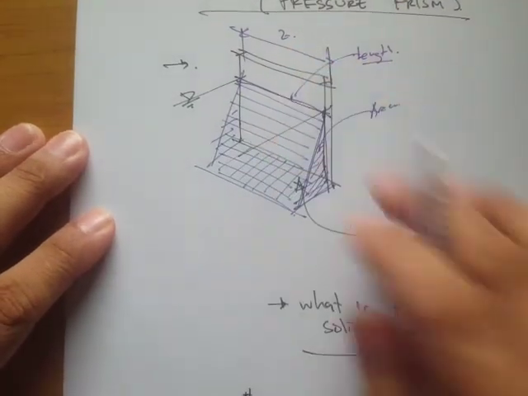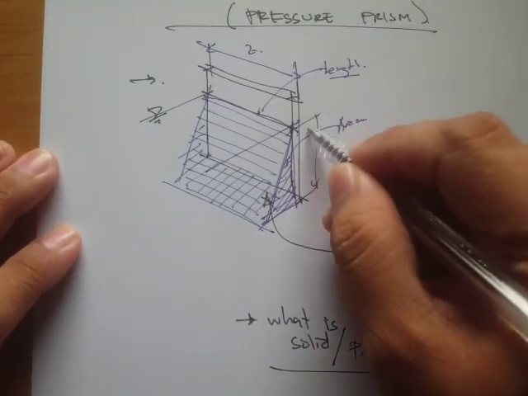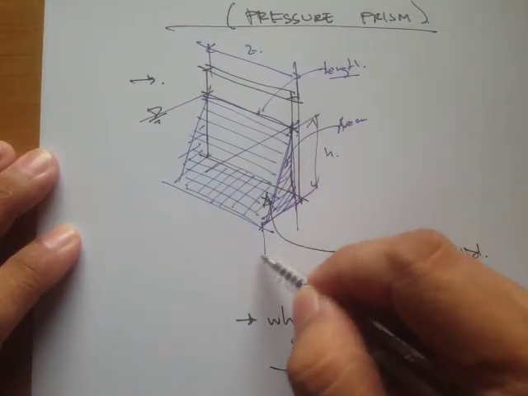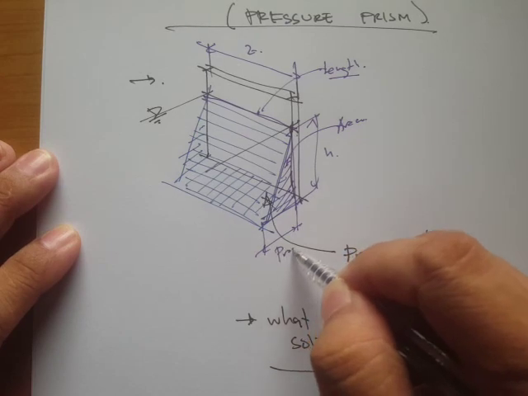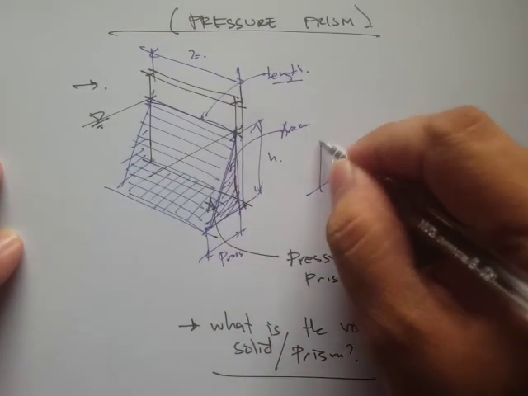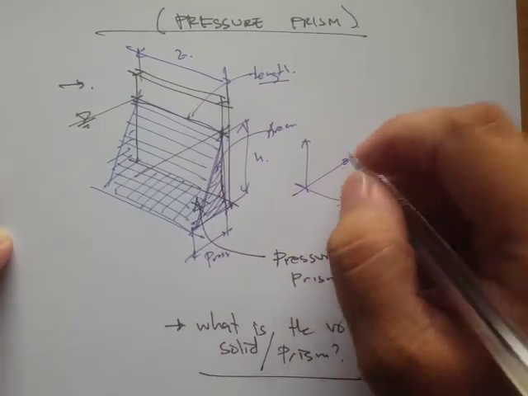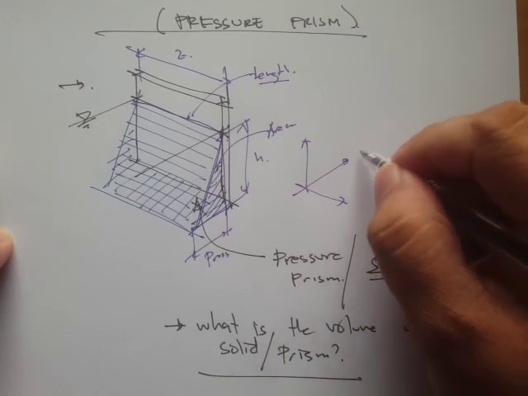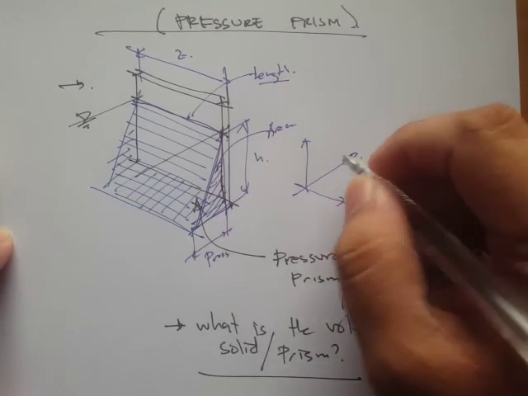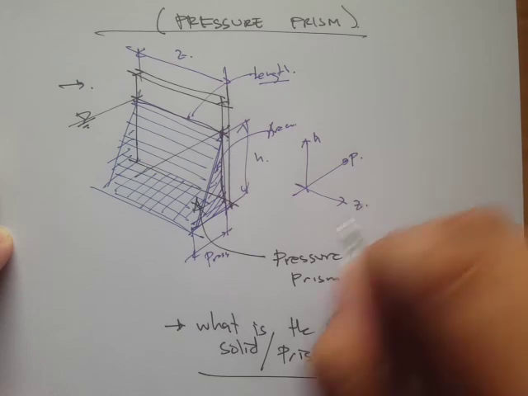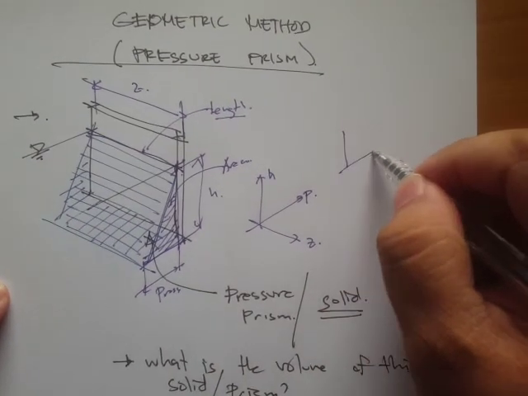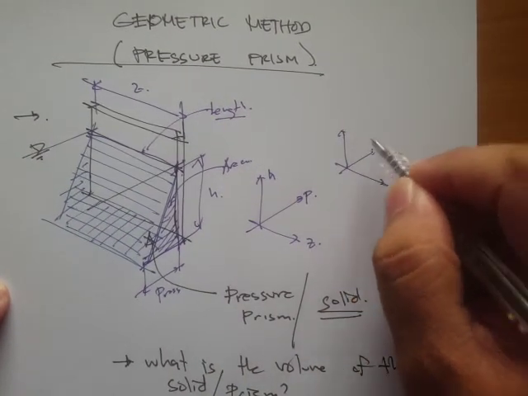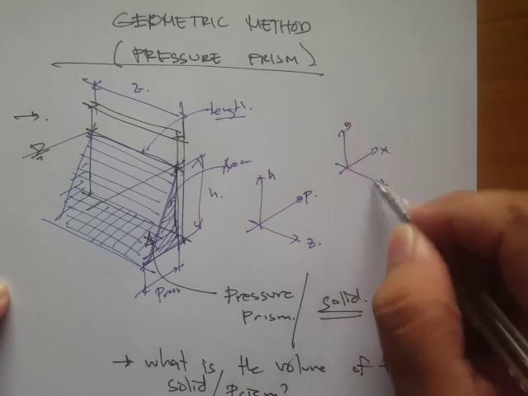So this is our z-axis, and this one is the h. Then this one would be our pressure. So it's like we're having this universal coordinate system, as this one is the pressure, then this one is the h, and then this one is the z. Or you can just think about it as x, y, and z.